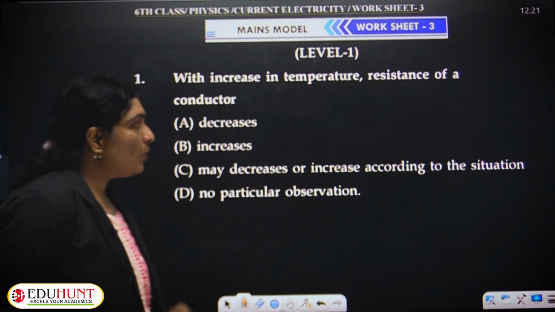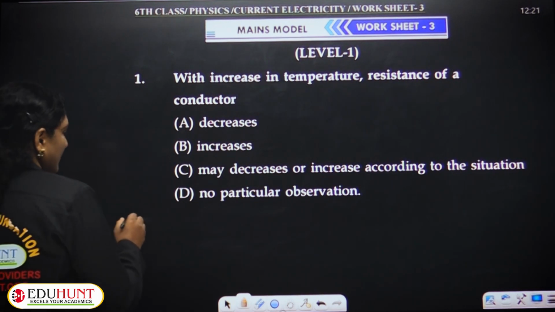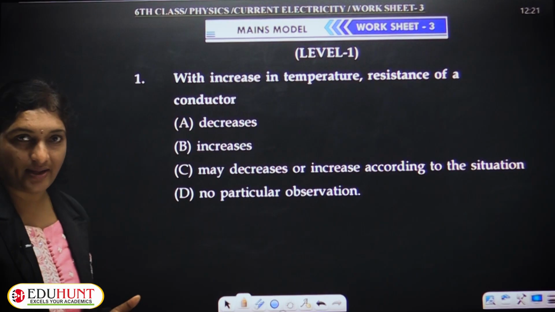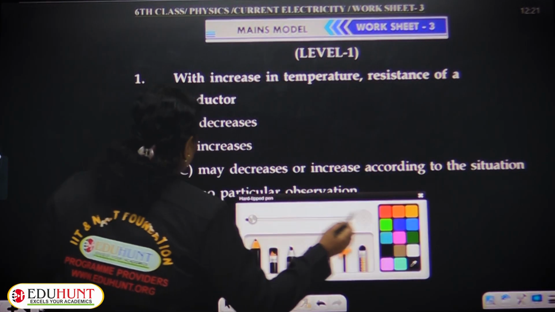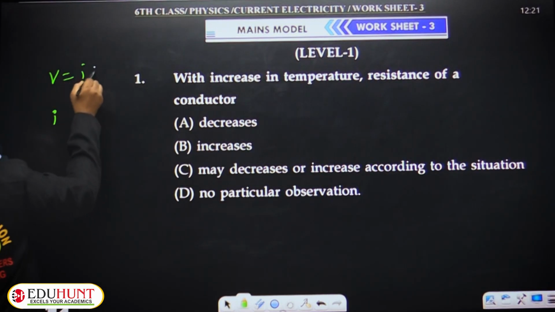But from Ohm's law, we know that V is equal to IR.